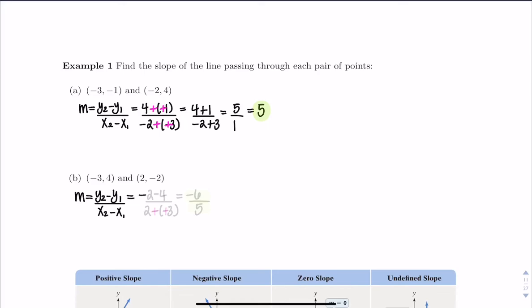This is -2 minus 4 all over 2 minus -3. We have that double negative in the denominator again, so this really becomes 2 plus 3. So -2 minus 4 is -6 all over 5. So my slope is -6/5.